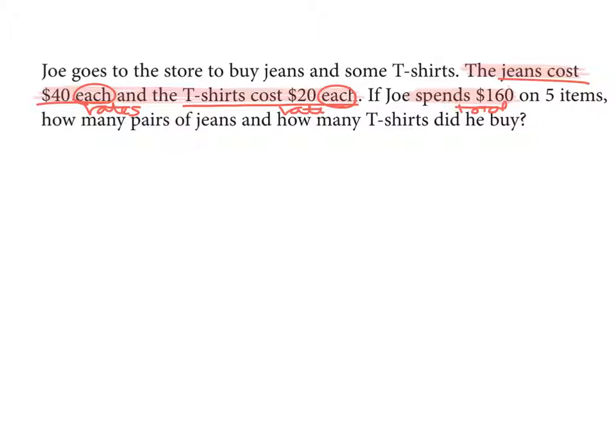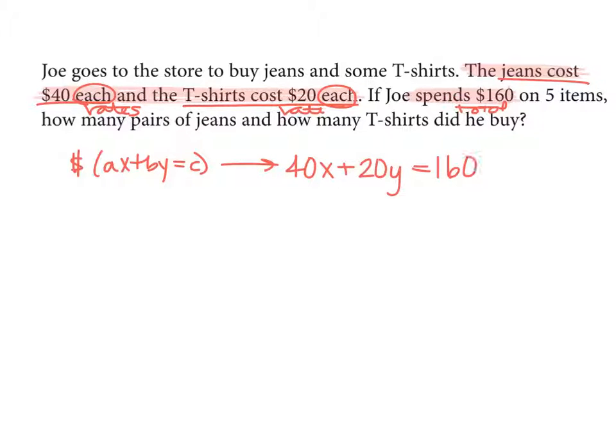Even if you aren't sure about if 160 is a starting point or a total, because I have 2 rates, I know that my money equation is going to be in standard form, so that's Ax plus By equals C. So if we write that, I'm going to have 40x plus 20y equals 160.